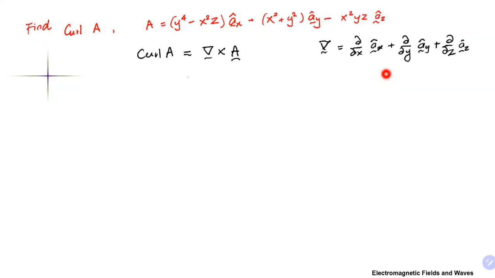So cross products, we can solve that from determinants. My vector A and my delta both have the same vector space, so there are three. So we have unit vector x, unit vector y, and unit vector z. The first row is the unit vectors.